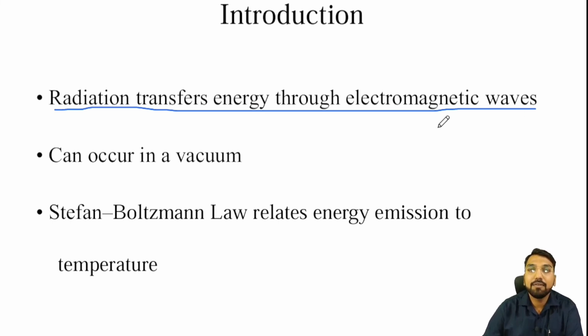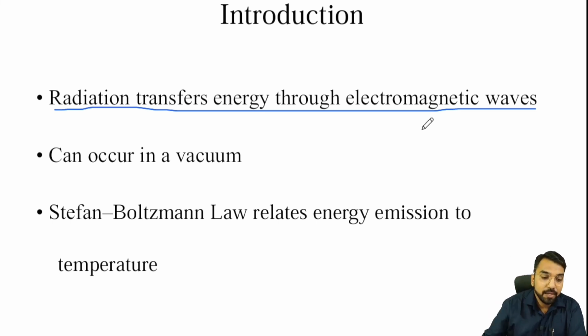Radiation is a type of heat transfer caused by electromagnetic waves, in which the charge in the atoms or molecules oscillates, and that oscillation has the speed of light. That's why heat transfer in the form of radiation is quick. That's why we get the sun's energy on the earth's surface within some seconds.